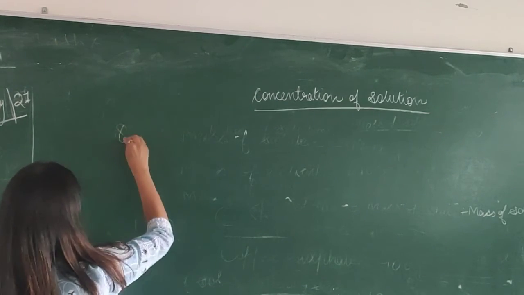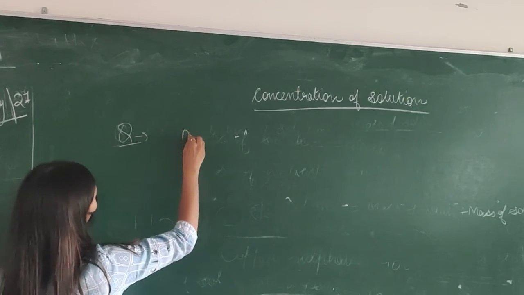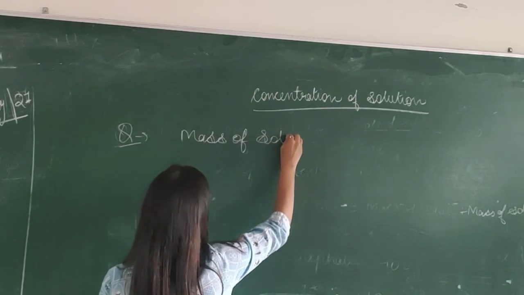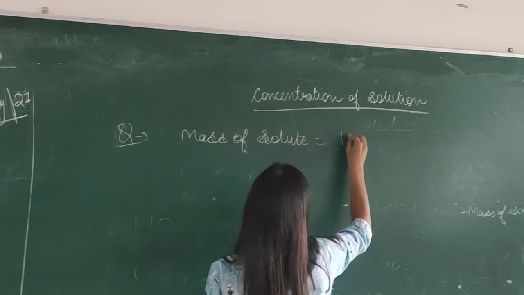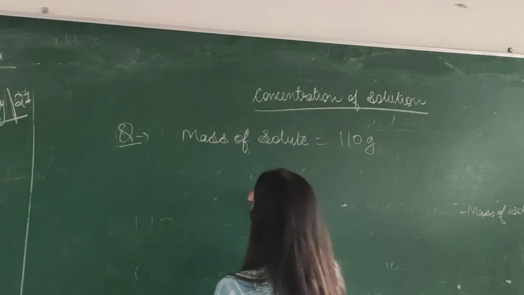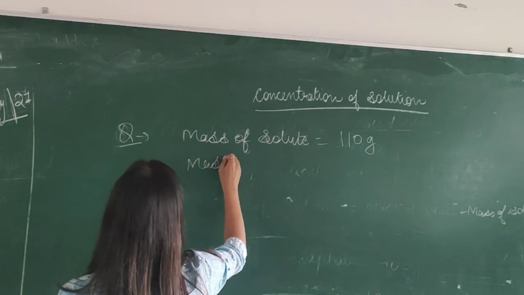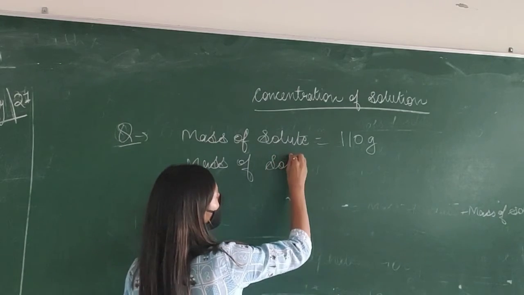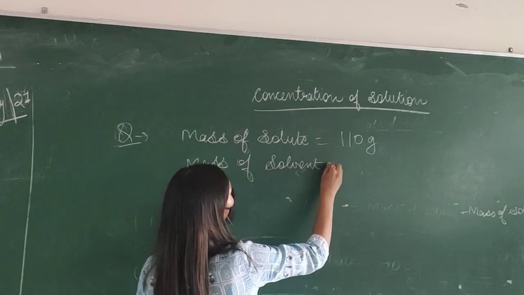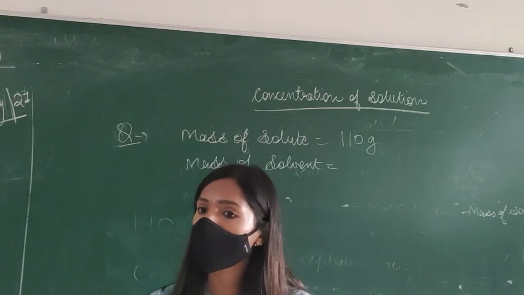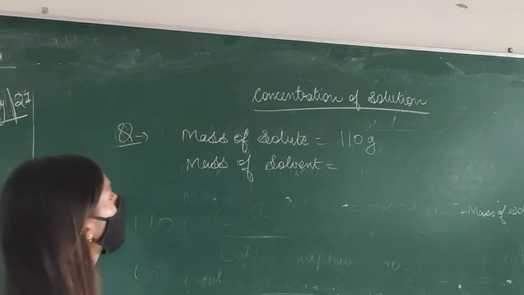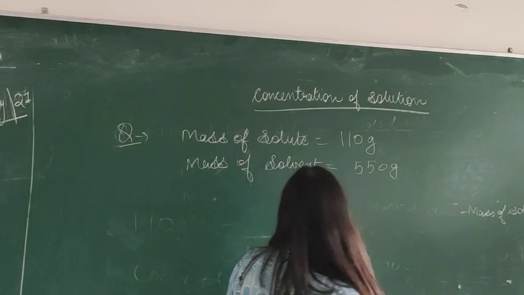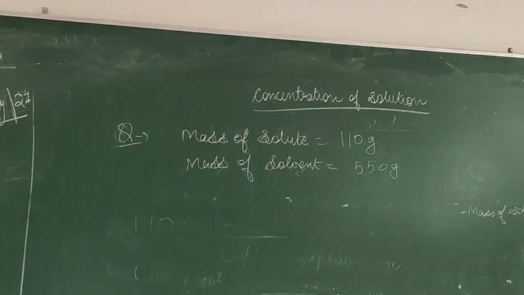So in this question, we have been given the mass of solute, that is 110 grams, and the mass of solvent is how much? I think it was 550 grams. Yes, ma'am. Okay, 550 grams. So you have to read the question carefully.